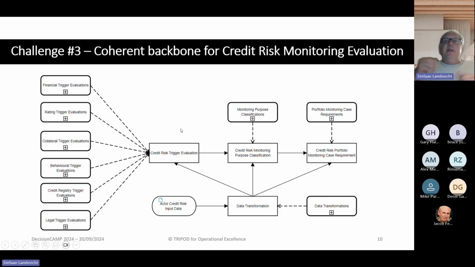And within the DMN engine, this is in fact the highest level of that DMN engine.